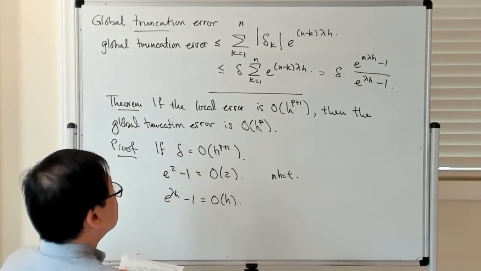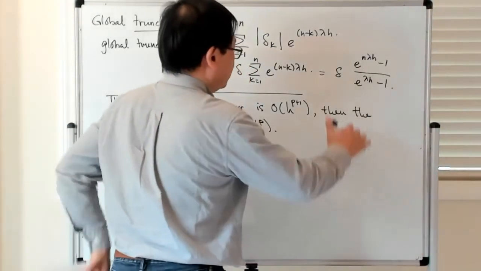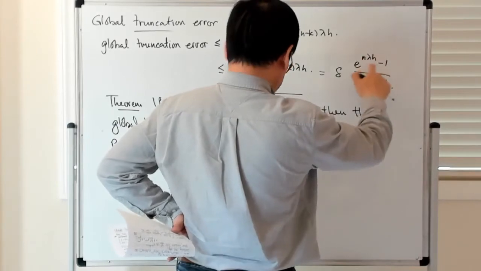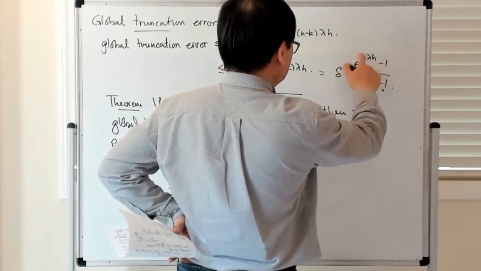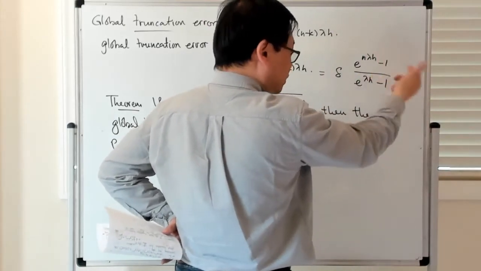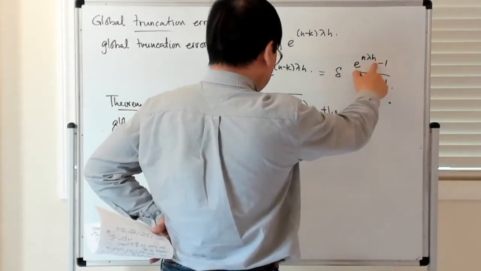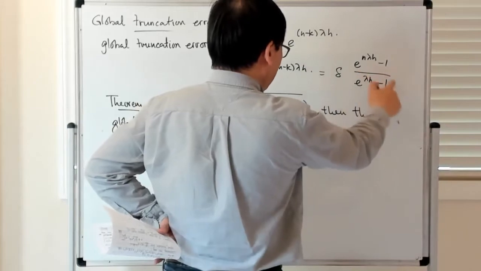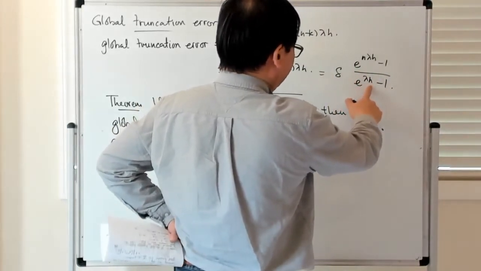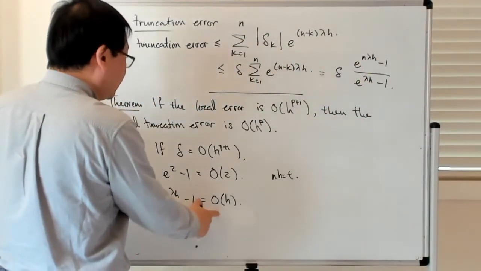Okay. Another way to see this is that this term here, n times lambda times h, that product is just going to be some final time t times lambda, so that's incorporated into the constant. It doesn't depend on h basically, because n times h is just the time, right? The only part which depends on h in this estimate is this 1 over e to the lambda h minus 1 term, right? And so that's big O of h, right?